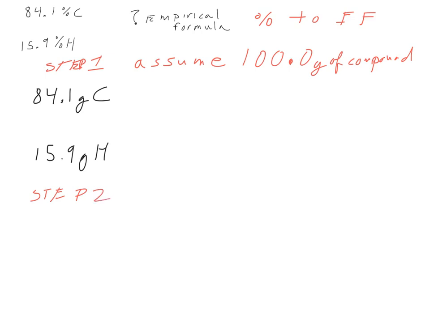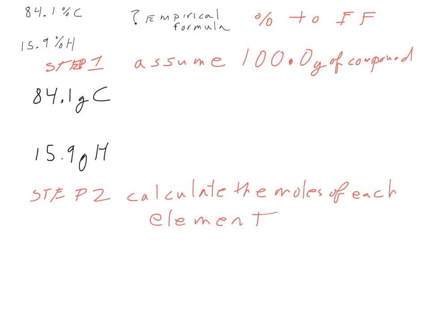Step 2. Calculate the moles of each element. So what we're going to do is take those masses that we just calculated and change them to moles. I know according to my periodic chart that 1 mole of carbon contains 12.011 grams of carbon.